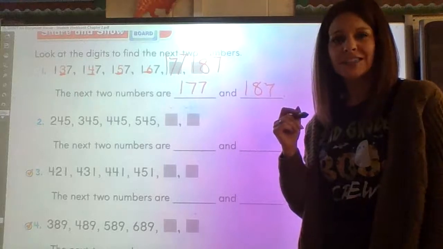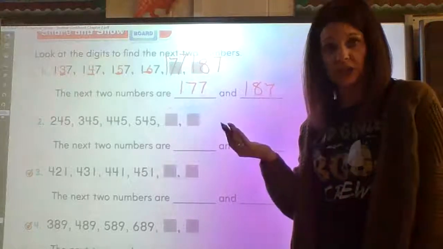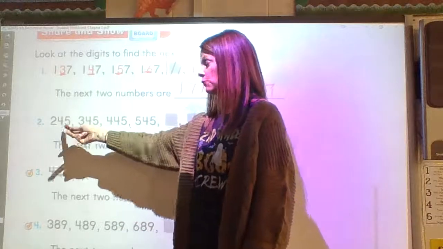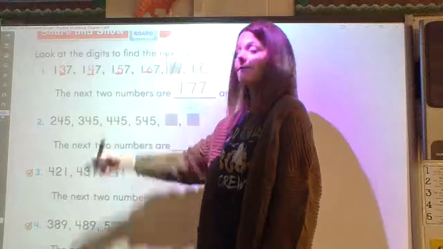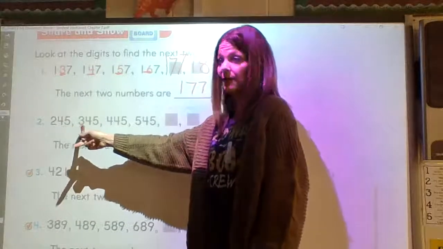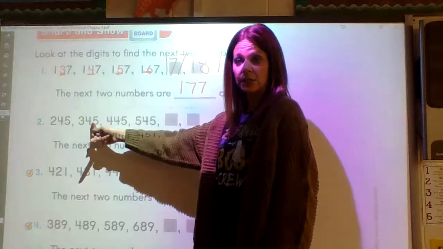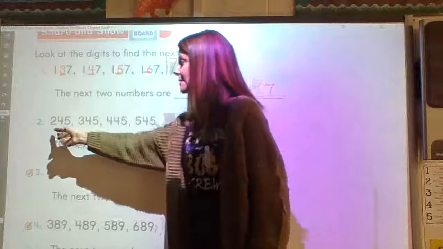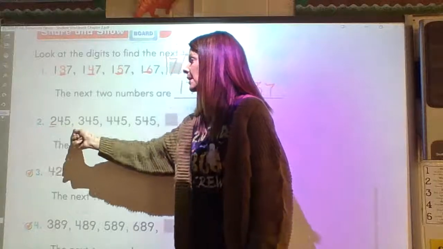So I'm going to start and see if I notice anything changing in my numbers. I went from 245 to 345. Well, I noticed I said 4 10s and 5 1s, so 45 here and here. So the only thing different between these 2 numbers is the 2 and the 3.